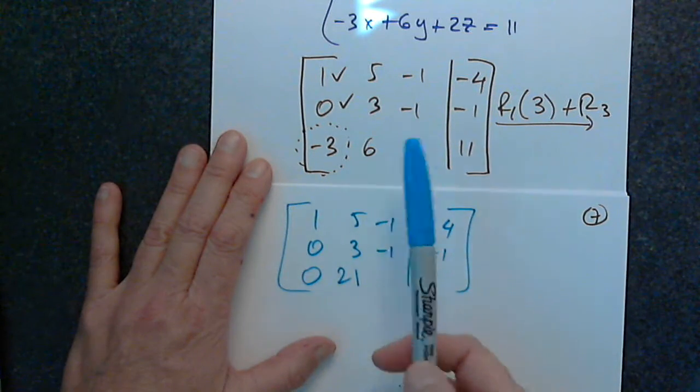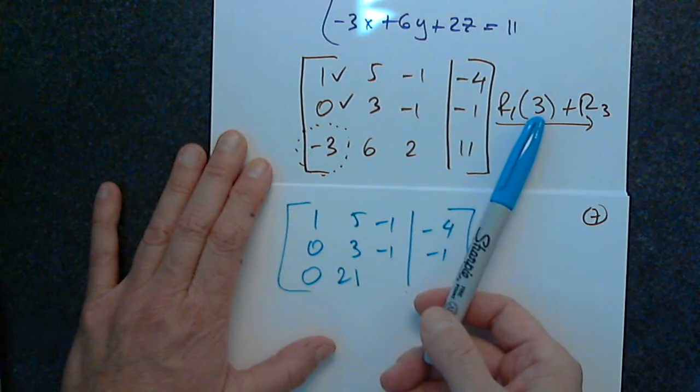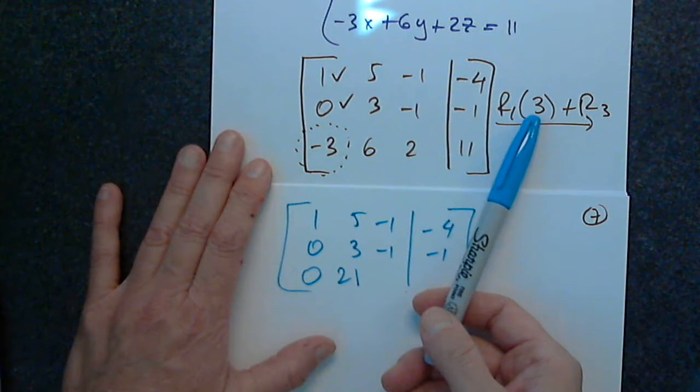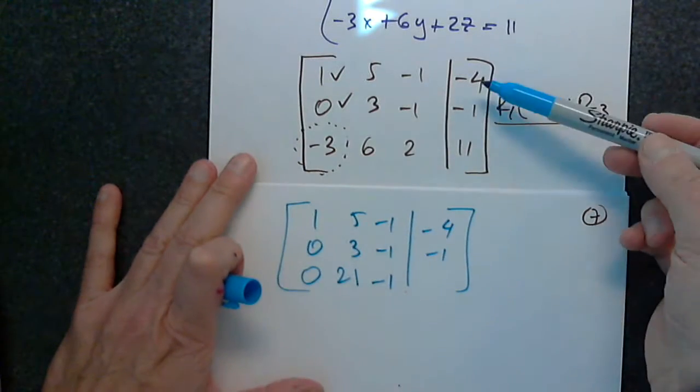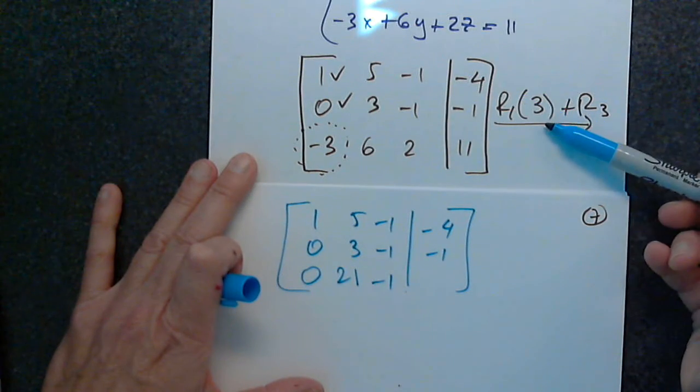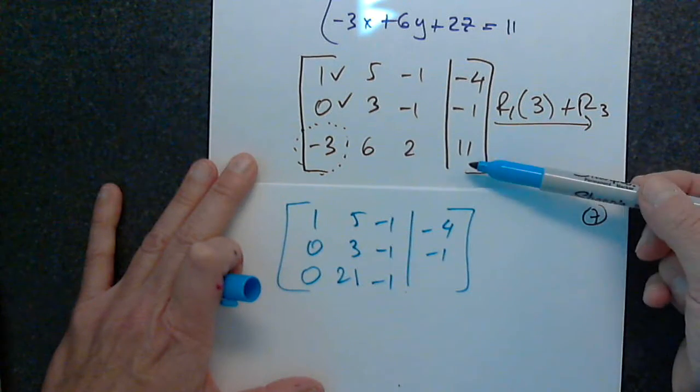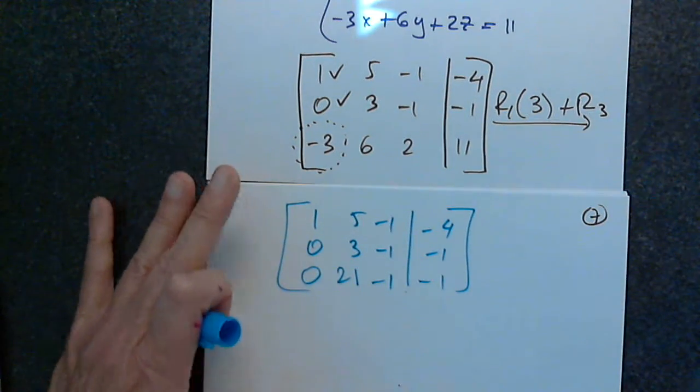Plus 6, 21. Negative 1 times 3. Negative 3 plus 2. Very good. And negative 4 times 3. Negative 12. Plus 11. Negative 1.